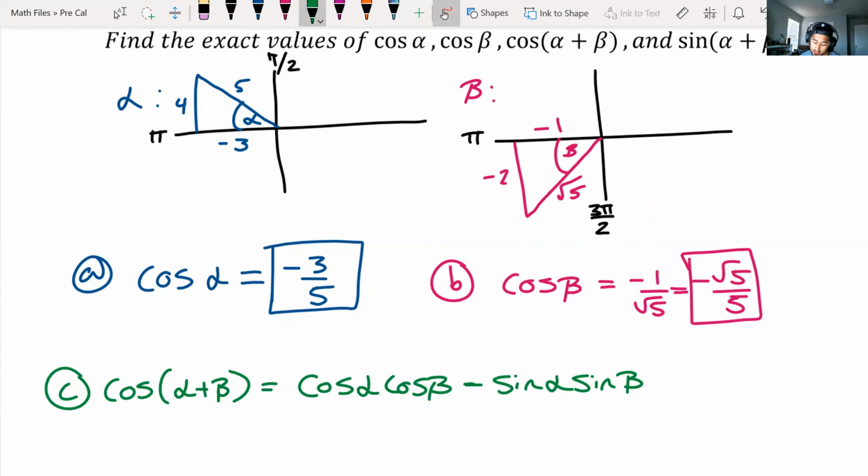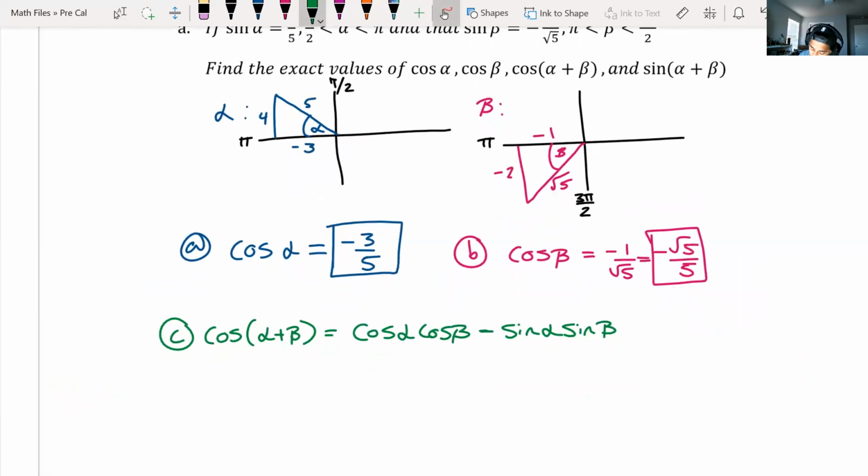So what is the cosine of alpha? -3/5. Good. What is the cosine of beta? Negative radical 5 over 5. Good. Minus, what is the sine of alpha? 4/5. And what is the sine of beta? -2 over radical 5. Good.